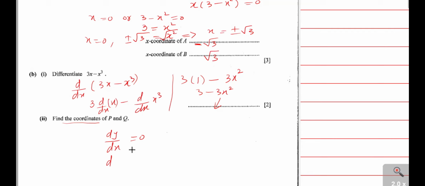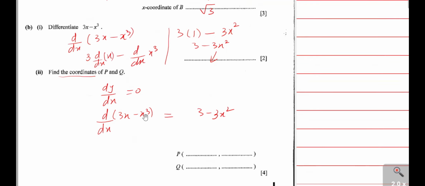Here the function we consider as y, which is 3x minus x cube. The derivative here is 3 minus 3x square, and we write this equation dy over dx, which is 3 minus 3x square, equals 0.